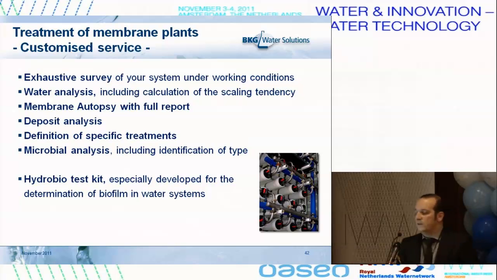Deposit analysis helps the definition of specific treatments if you have specific problems like sulfate or silicate or whatever. Microbial analysis measures the total bacterial count, and now additionally the determination of the biofilm formation.